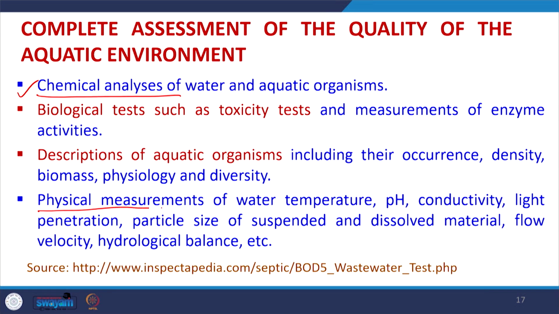Then description of aquatic organisms which are present in the water, including their occurrence, density, biomass, physiology, diversity, all need to be reported. That means we require specialists working in this area to completely assess the quality of the aquatic environment in any condition, along with the measurement of all the physical parameters of water, like temperature, pH, conductivity, light penetration, particle size of suspended and dissolved materials, flow velocity, everything.